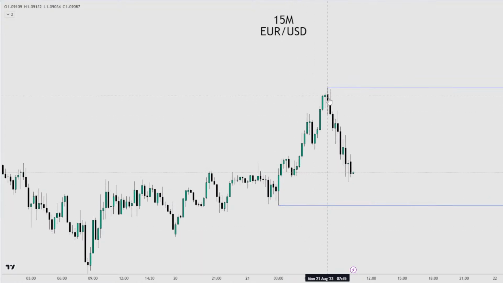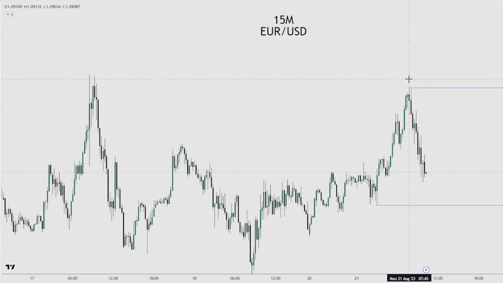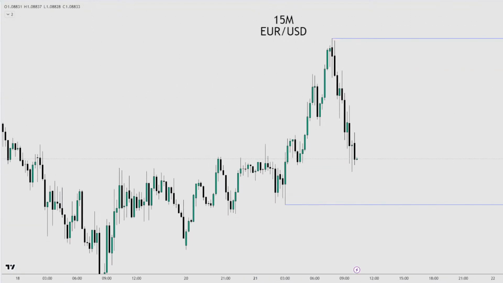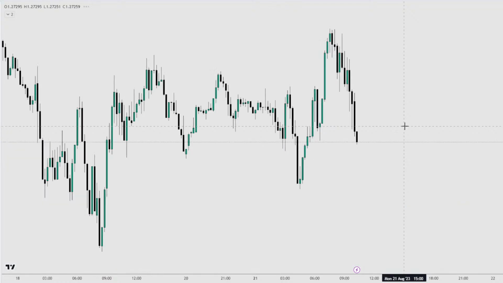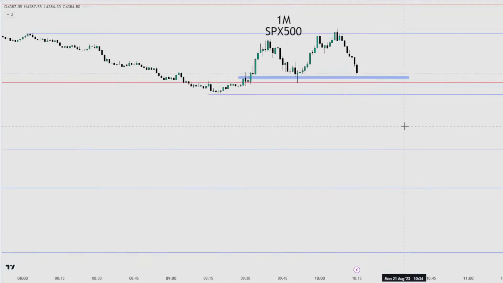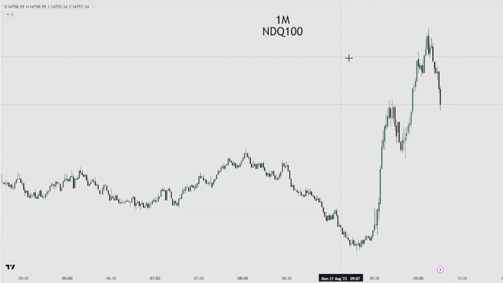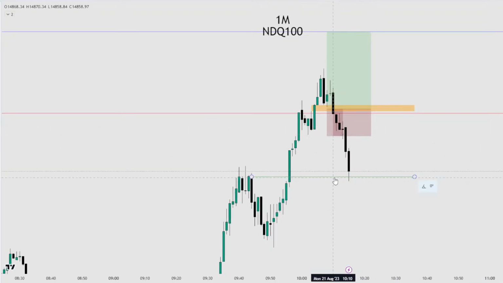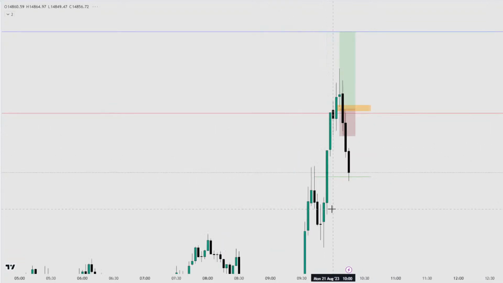And then buy side above the high, or here, could be there as well. So yeah. Well, good thing we had our stop loss in place.